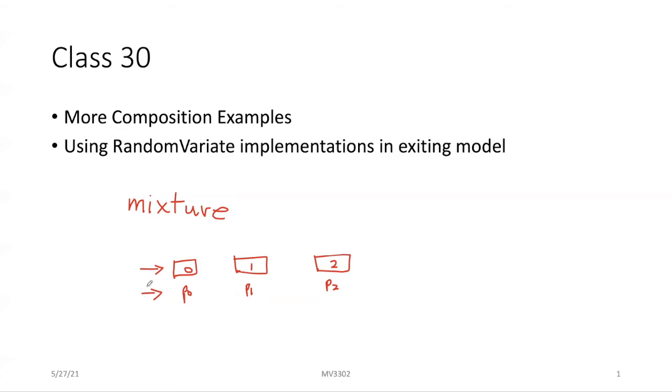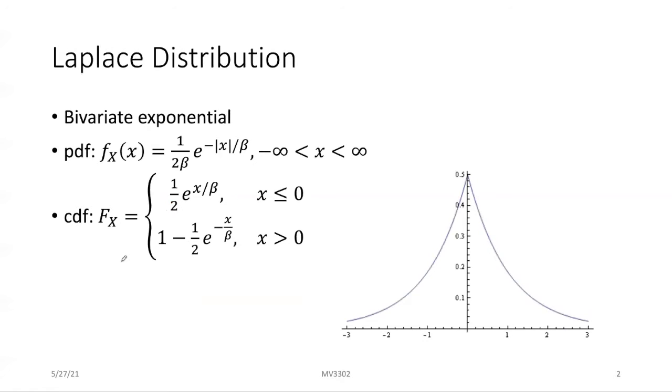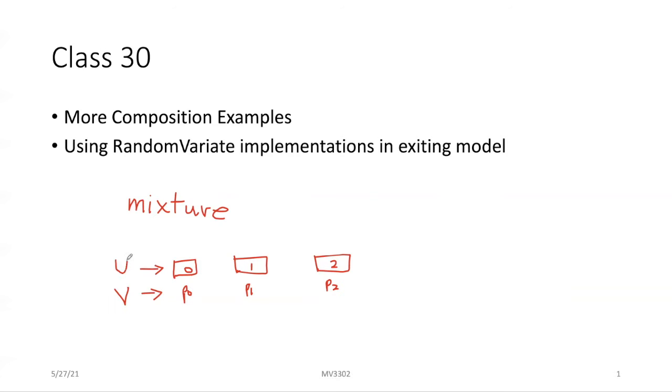So in the algorithms, we will typically use one uniform, I've been calling it V, but you can call it whatever you want, and a second one to generate from the box that you've chosen. So the inverse transform method only requires one uniform random variate, but the composition approach always requires at least two.